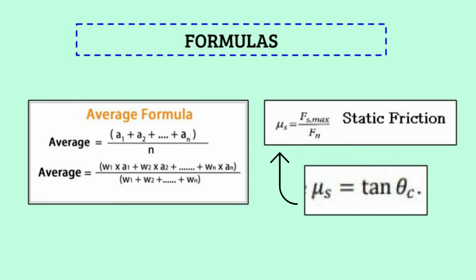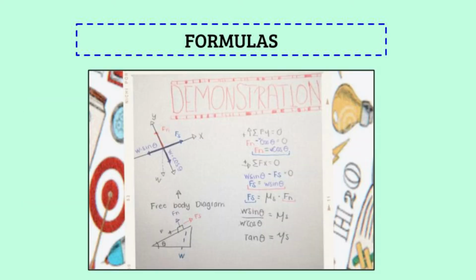Then we can eliminate the masses and change the division of the sine by the cosine into the tangent of the same angle, remaining the formula mu equals the tangent of the average angle, and it is used to obtain the coefficient of static friction.